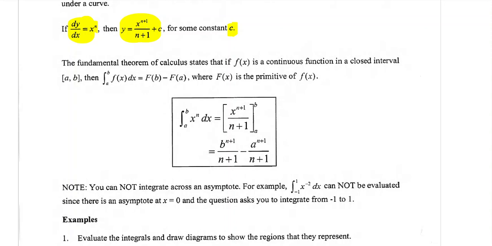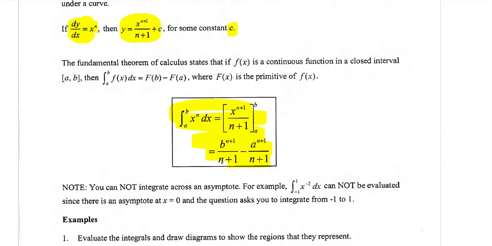Then there's always a minus sign, and then you sub in whatever a is into the bracket again. So it's more of a process, it's not so much a formula. Don't try and sub into that like a formula. It's a process that we do, but that's one way of trying to explain the process of a definite integral.